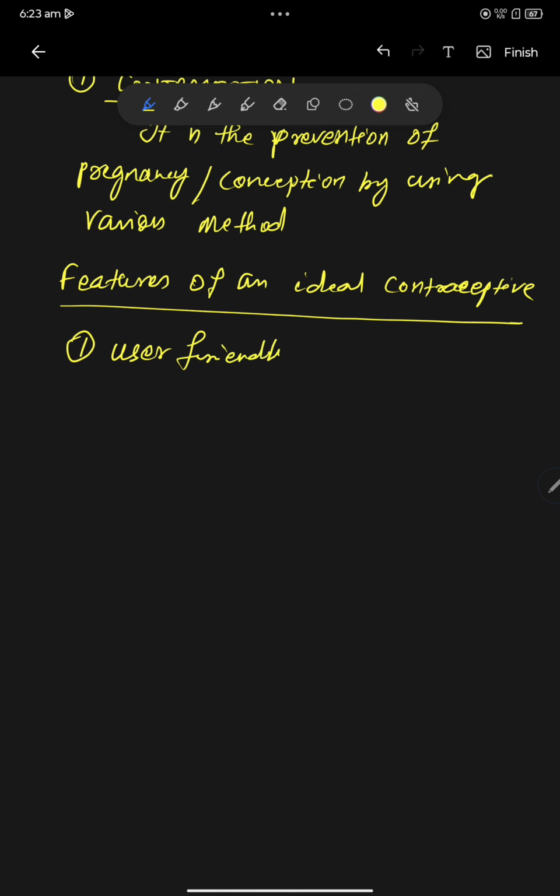I am giving only the points given in your NCERT. So please, students, note this down. Don't write anything other than these points. Don't write any points from any reference book. Next one is easily available.